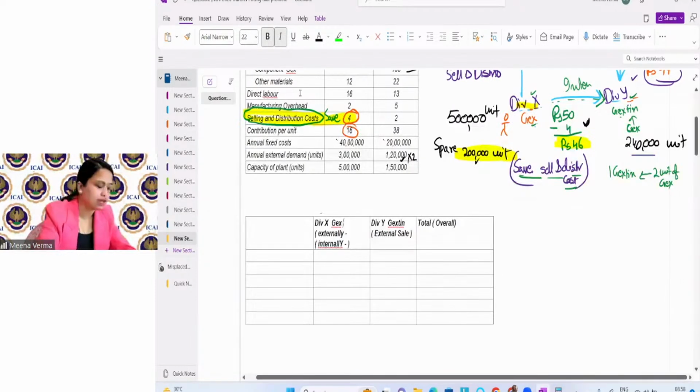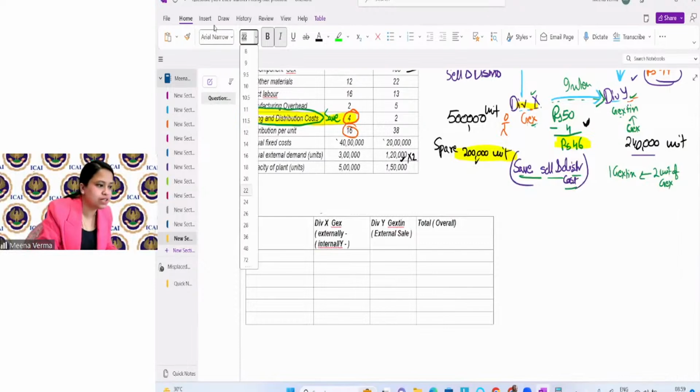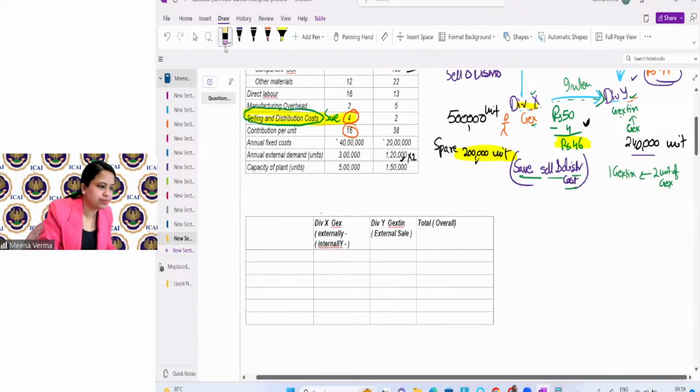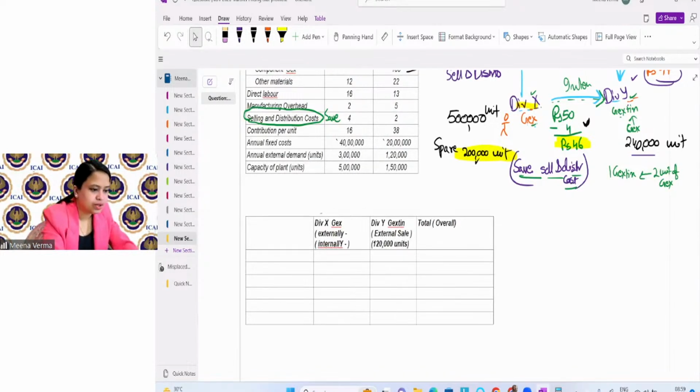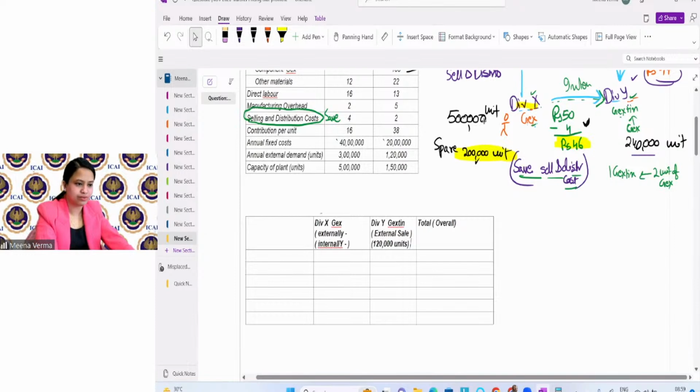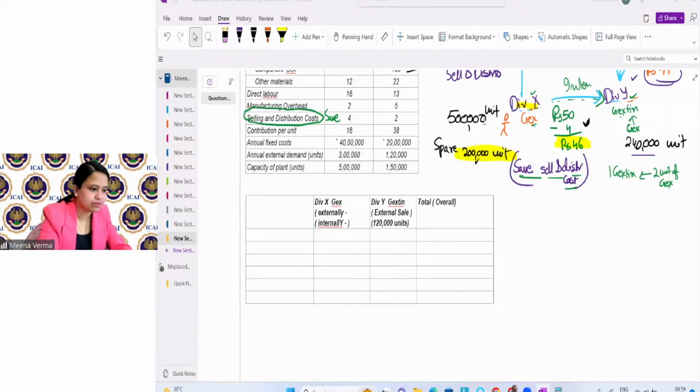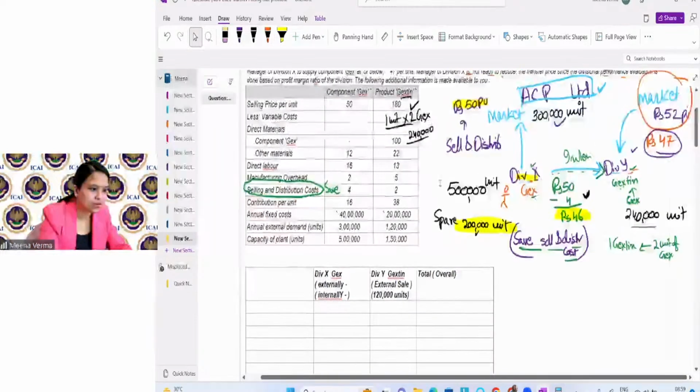Acha, first I will see the demand for this product in the market. You can see that the demand of this product is 1,20,000. So now see what the sale value is, at what price they can sell it in the market.